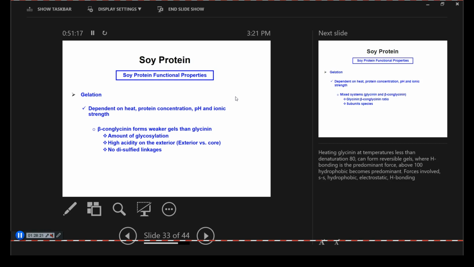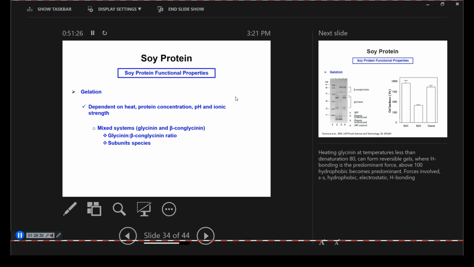High acidity on the exterior and no disulfide linkages would make it a weaker gel than glycinin. Therefore, the best gel is really a mixed system with glycinin and beta-conglycinin, but with a greater ratio of glycinin to beta-conglycinin, you get a better gel.